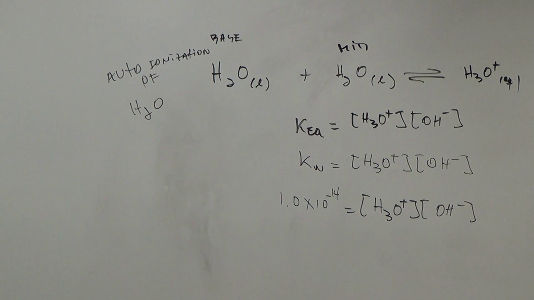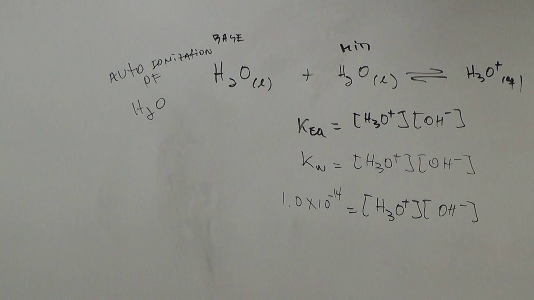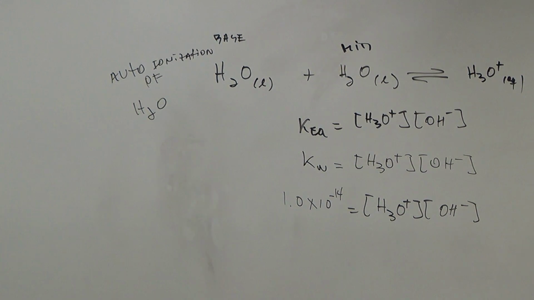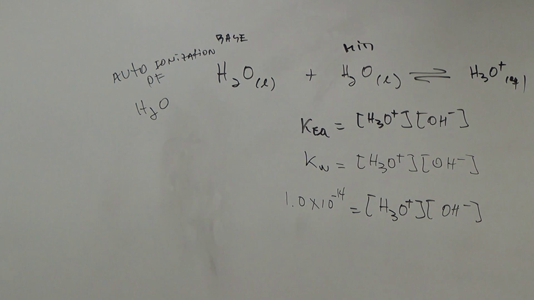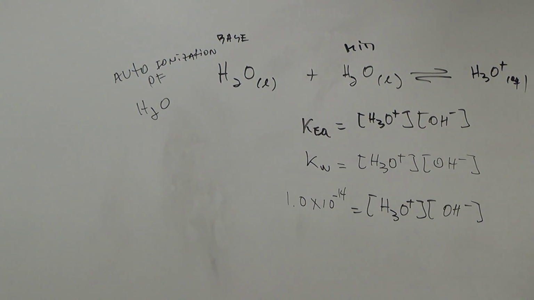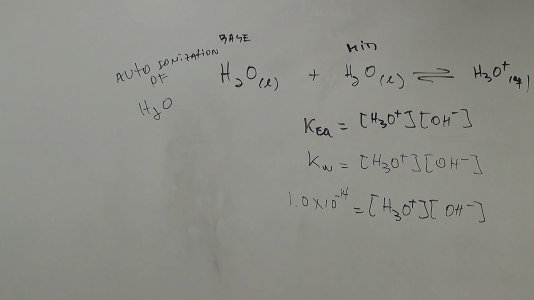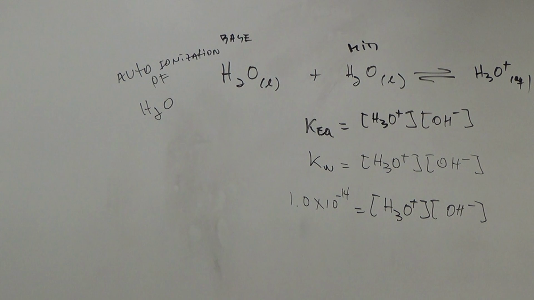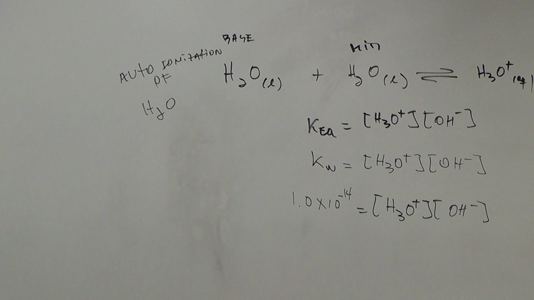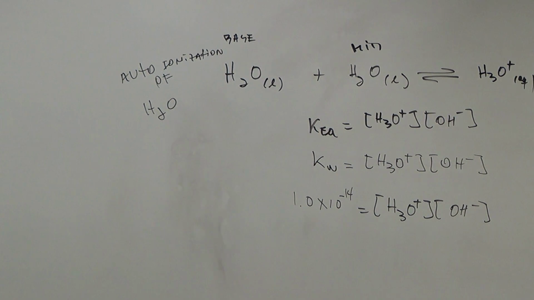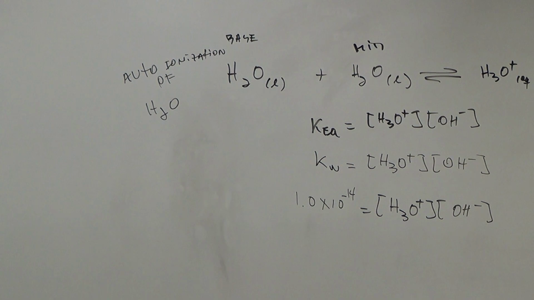Let's say calculate the concentration of H plus if the concentration of OH minus is equal to 1.0 times 10 to the minus 9 molarity. How simple of a problem is that? On the difficulty scale, 1 through 5, 5 being the most difficult, this is what level? 0.5, like 3 or 4, yes?